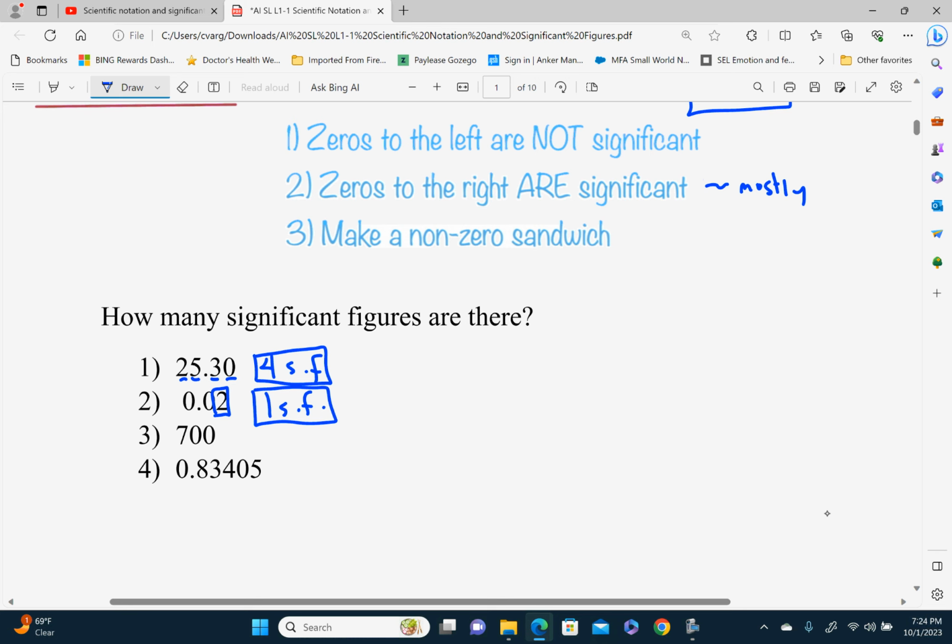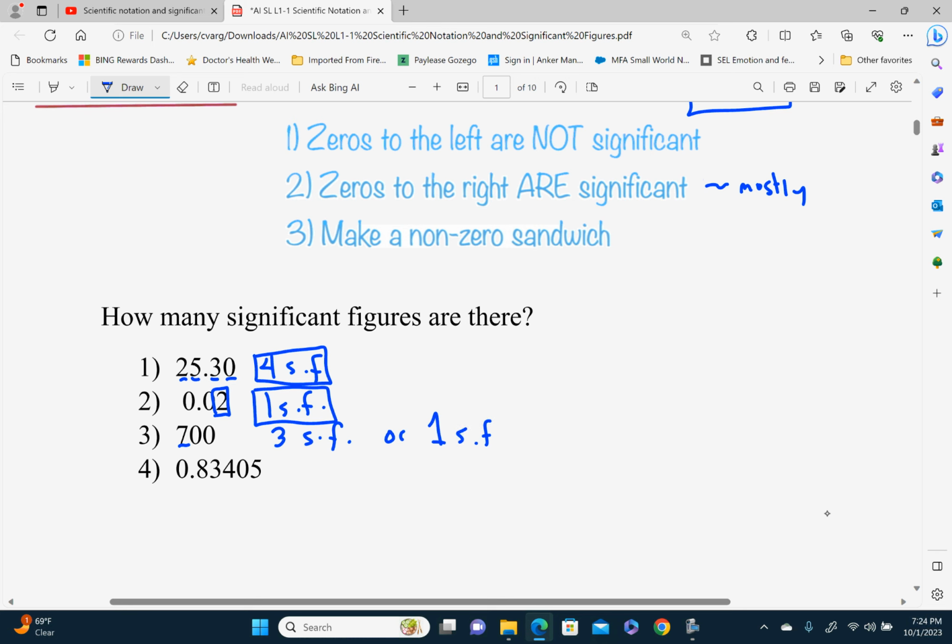Now this one, so 7, right, is a non-zero number, and zeros to the right are significant, right? So this would be 3 significant figures if we're talking about how precise something is. But if we look at how many non-zero numbers there are, this is only one non-zero number, right?